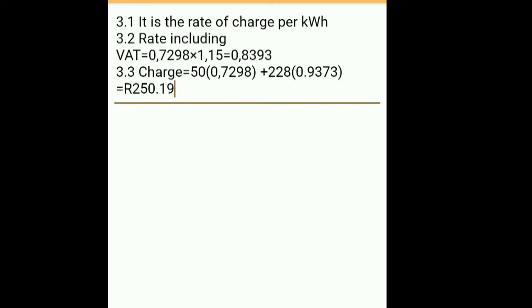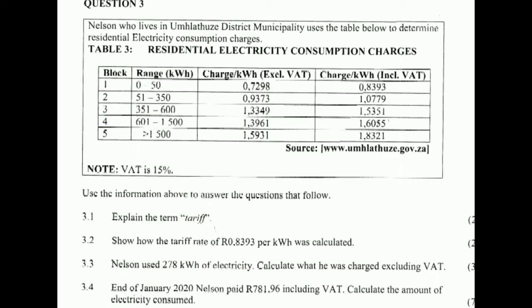Then, after we are done with this one, we went to block number 2, which the range is 51 to 350. Nelson used 278 kilowatts. It's in the middle of 51 and 350, right? So we said plus 228. Why plus 228? Because we have already calculated the charges for 50 kilowatts. There's no need to calculate on both sides.